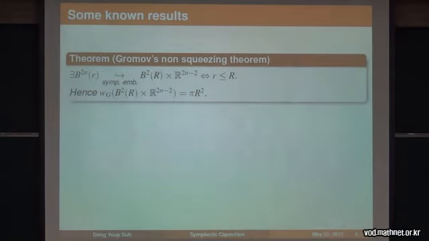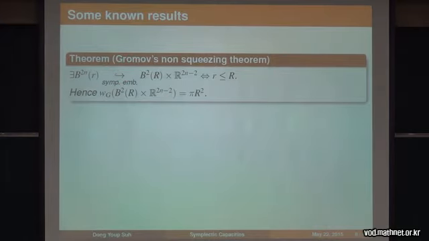One of the famous theorems is called the Gromov non-squeezing theorem. Suppose the r-ball B^2n(r) is symplectically embedded into the two-dimensional capital R ball times R^(2n-2), a cylinder. So this is a 2n-dimensional open manifold.